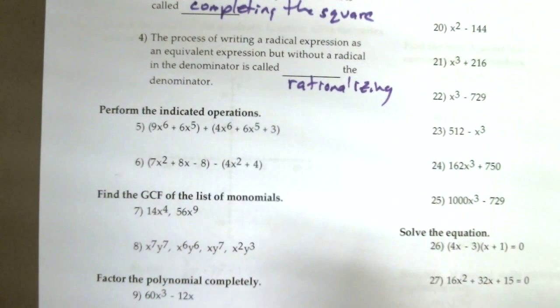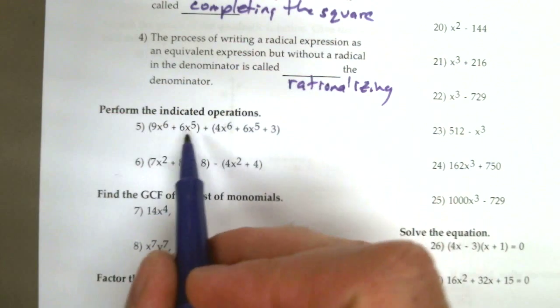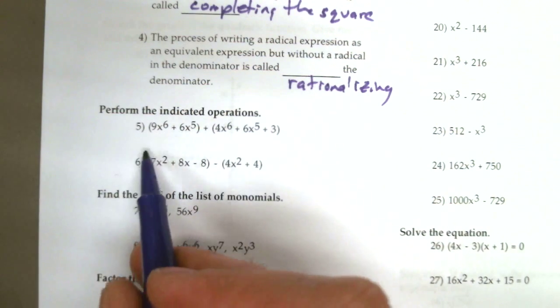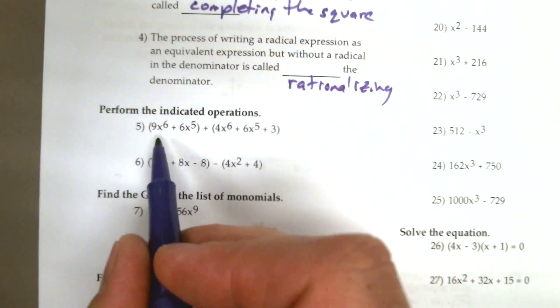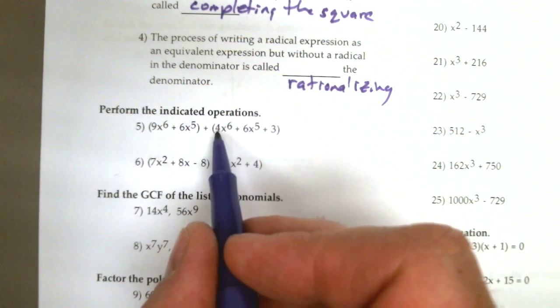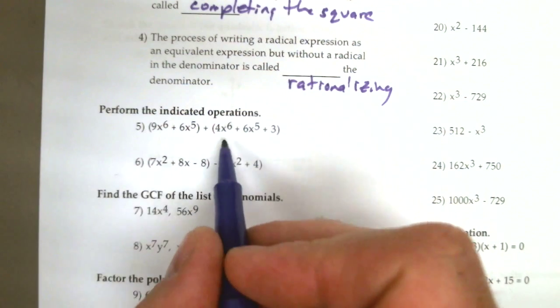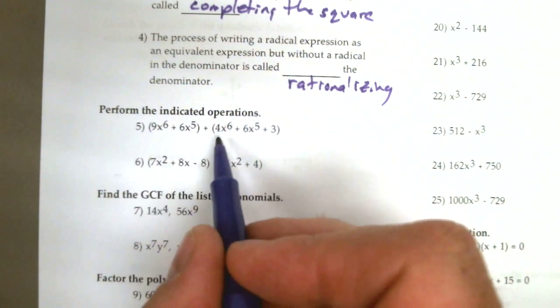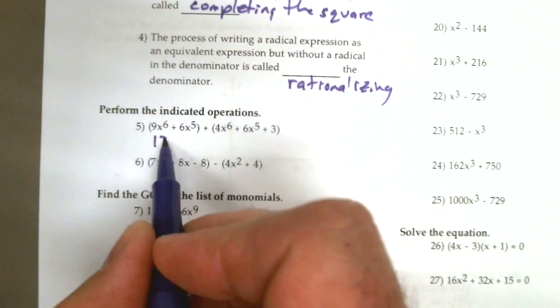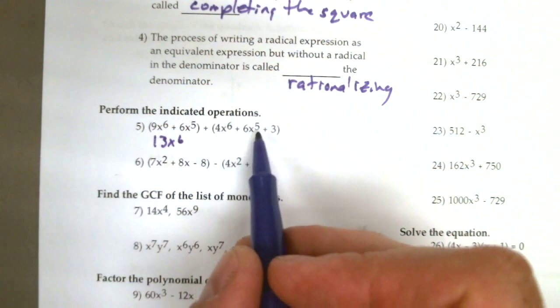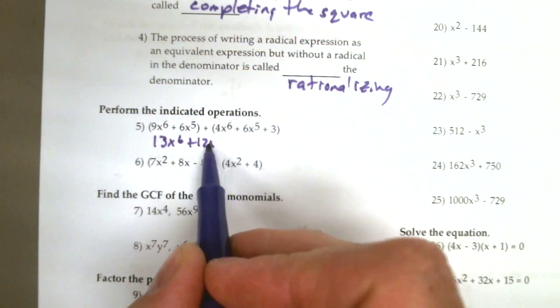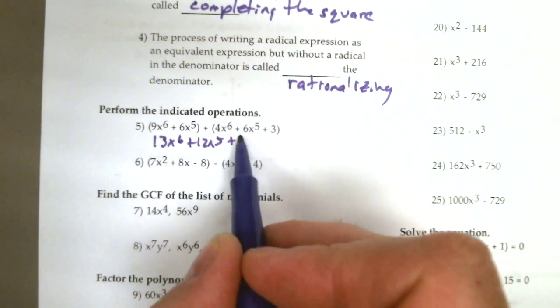Now we're to some of the problems here. If we are adding these two polynomials together, we have to add the ones with like exponents together. So 9x to the 6th plus 4x to the 6th gives me 13x to the 6th. 6x to the 5th plus 6x to the 5th gives me 12x to the 5th, and then plus 3.